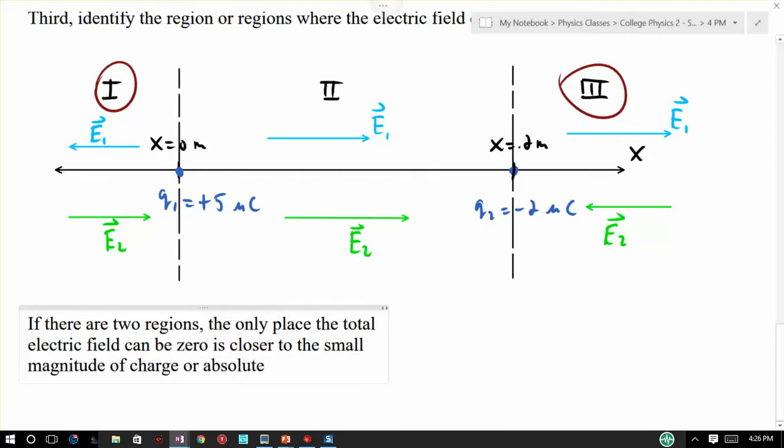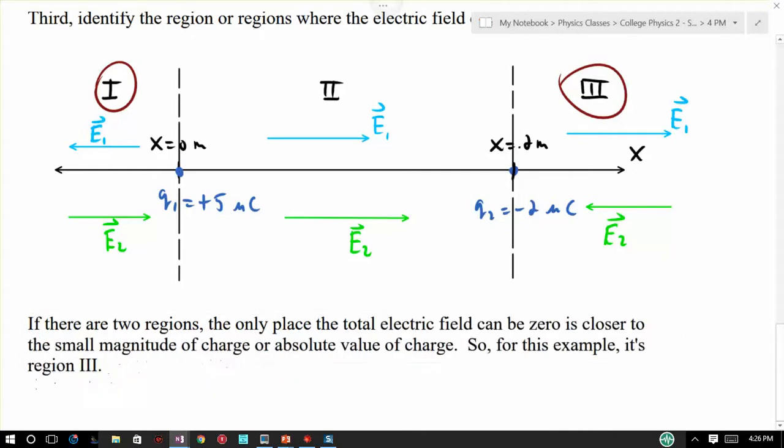So magnitude is the same thing as absolute value of the charge, right? If you only care about how much the charge is, not the sign of the charge, you're taking the absolute value. It's the same thing as the magnitude, or absolute value of charge. So for this example, depends on the example, but for this example, it's region 3, right?